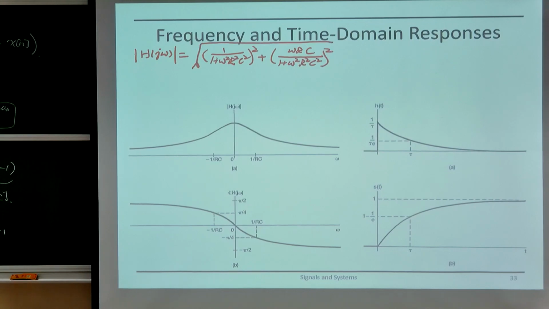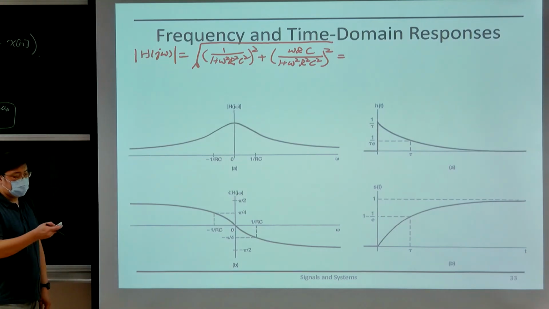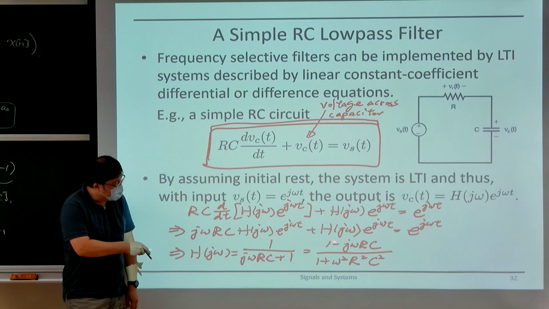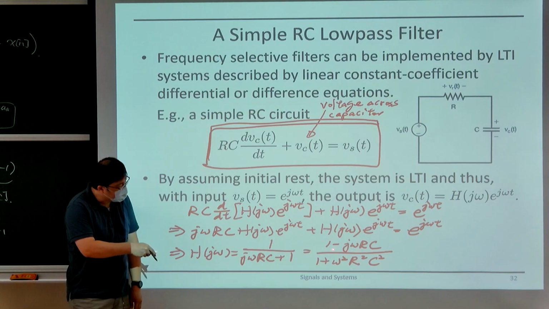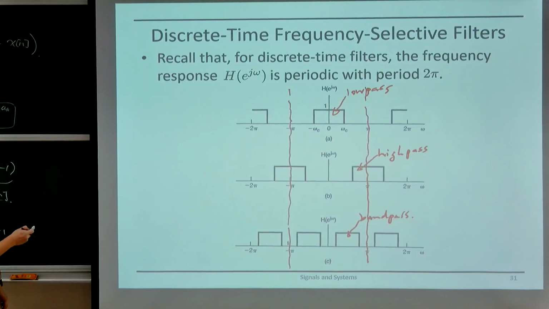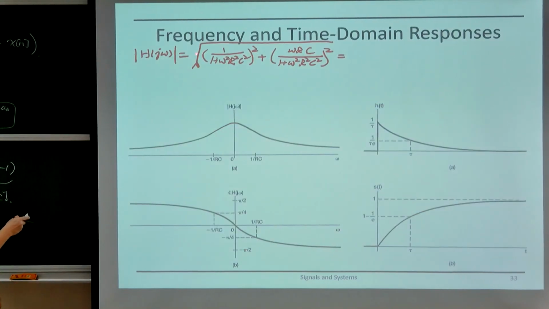I'm just taking the square of the real part and the square of the imaginary part, with the square root.